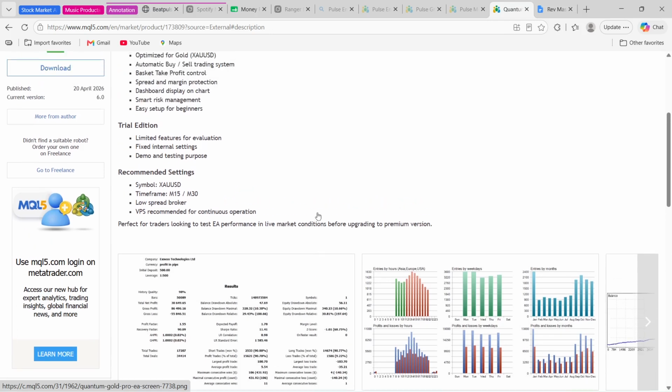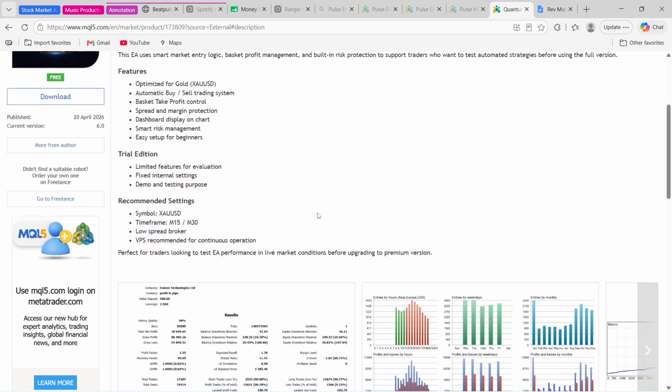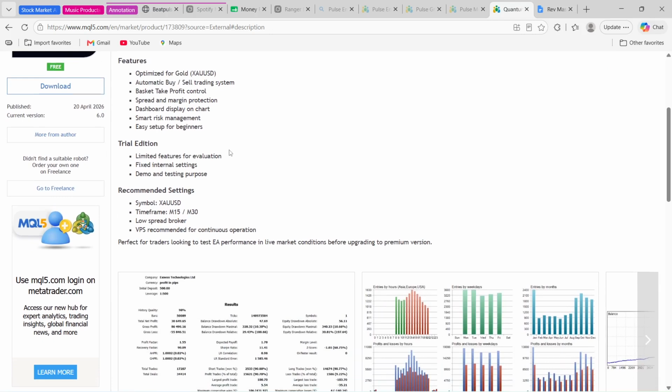Alright, so you can see how it is. For the trial edition, it has limited features for evaluation, fixed internal settings, and it's for demo and testing purposes. The recommended settings are XAUUSD for the symbol, and the time frame M15 or M30.